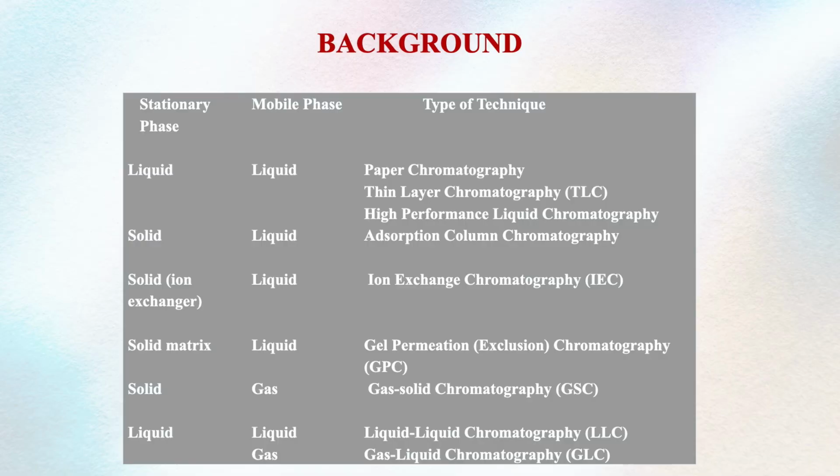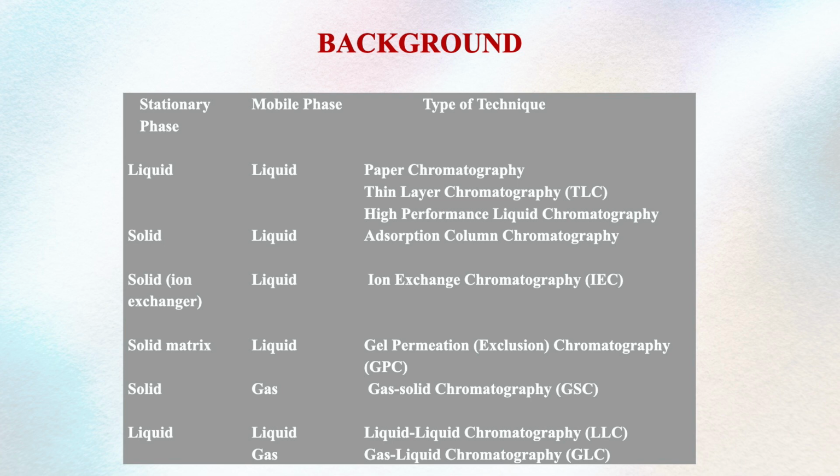If you see in this table, if the stationary phase is a liquid and the mobile phase is also liquid, then the technique we use is called paper chromatography. Similarly, thin layer chromatography and HPLC, high performance liquid chromatography. All these three techniques have two phases, one liquid phase and the other mobile phase.